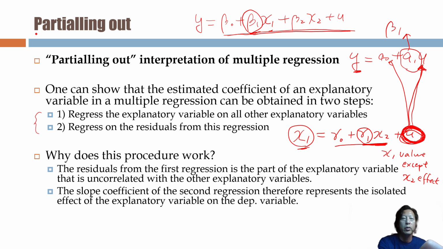That's why we call it partialing out. We take out the partial part that can be explained by the other variable. You're just taking it out. So I will show you.